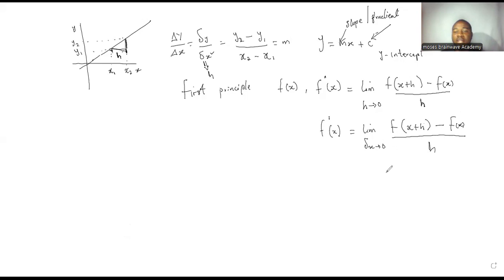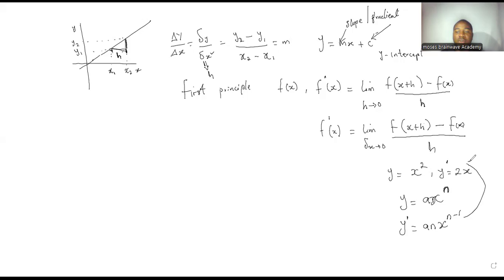Fantastic. Now, for example, we all know that if we have a function y is equal to, let's say, x squared, right? If we differentiate y, we are going to get 2x, right? Because from our general formula, if we have a function y is equal to a x raised to power n, if I'm going to differentiate this function, I'm going to get n a multiplied by x to the n minus 1.